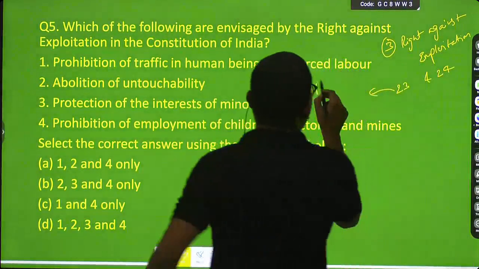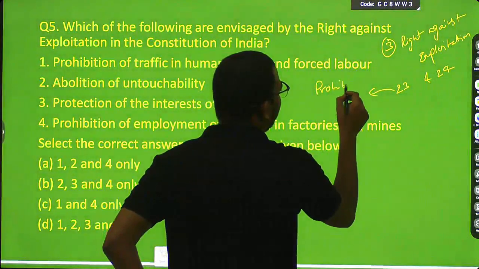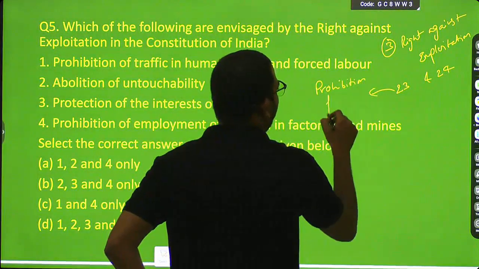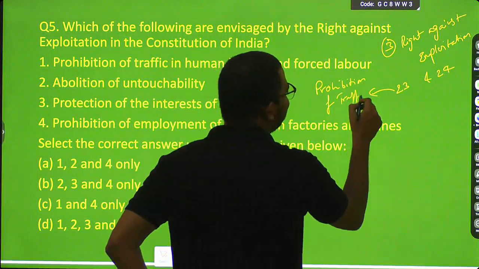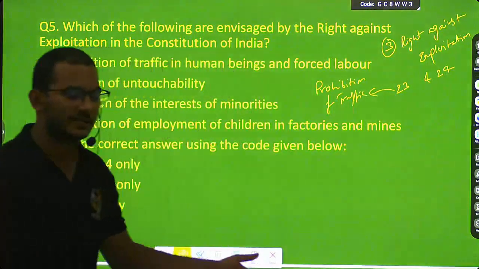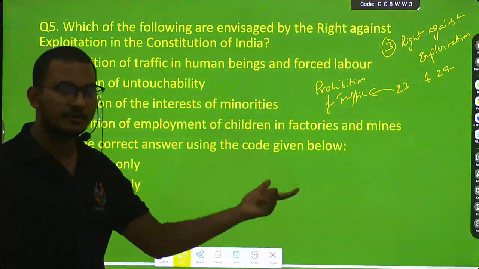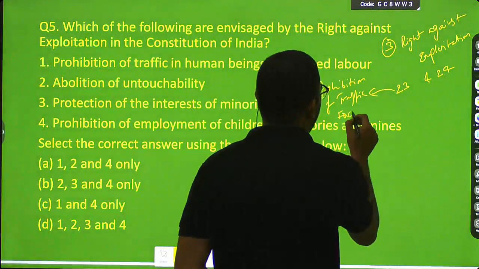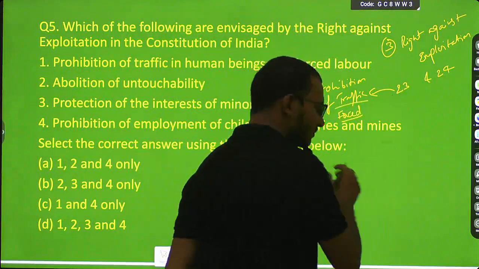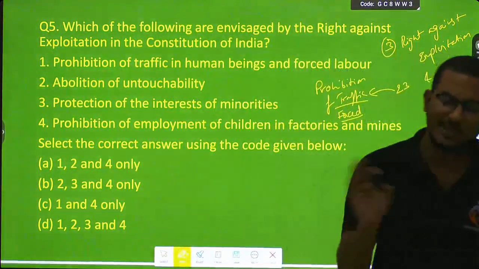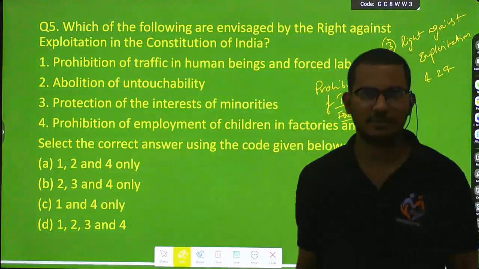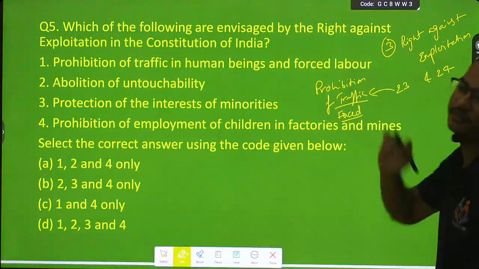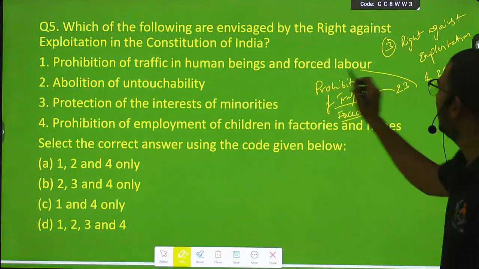Prohibition of traffic, which means selling and buying of humans like goods, forced labor. He has introduced the word here, beggar. Beggar and other forms of forced labor. All these things are prohibited. Okay, this is article 23.